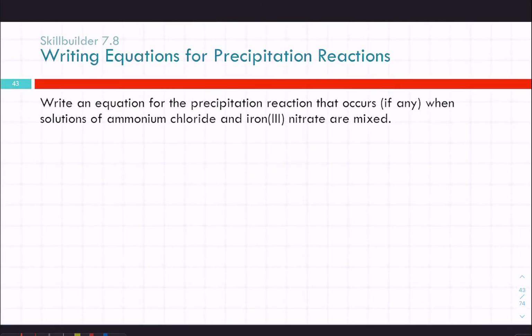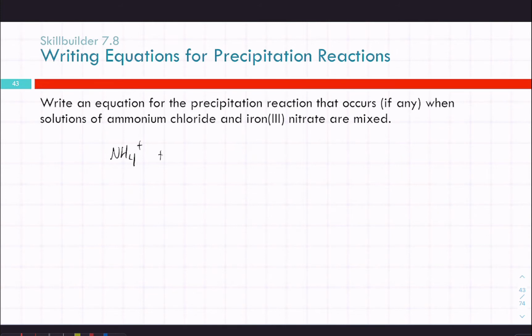So now we'll write an equation for the precipitation reaction that occurs if any solutions of aluminum chloride and iron nitrate are mixed. Ammonium chloride. So if we have ammonium, is one of those pesky polyatomic ions, NH4+.